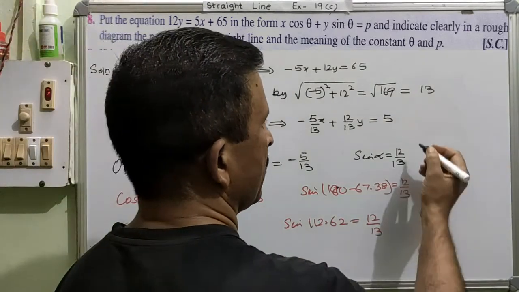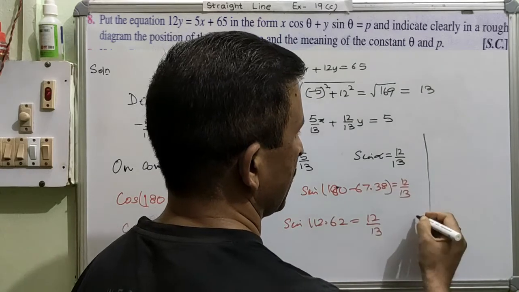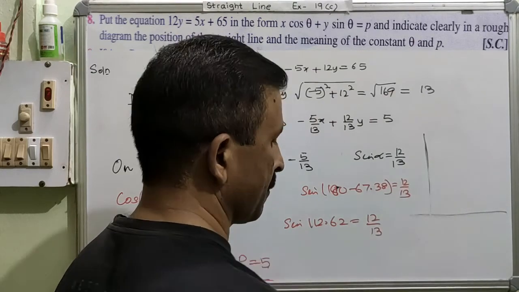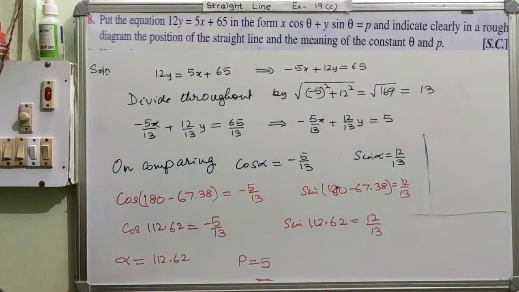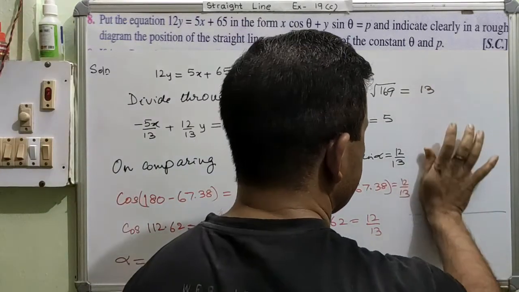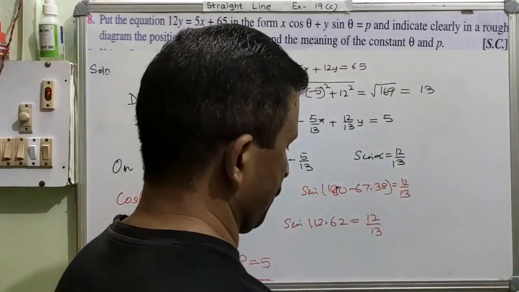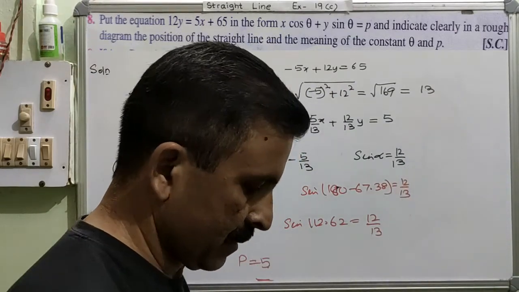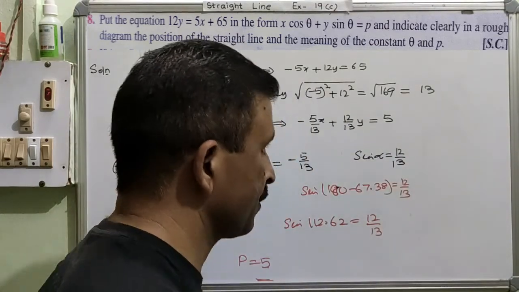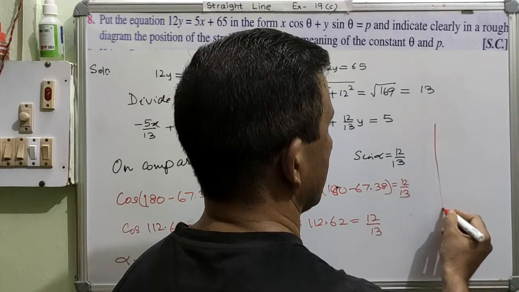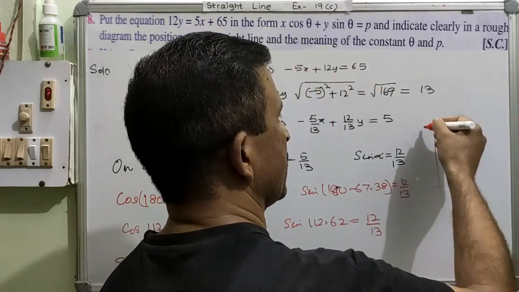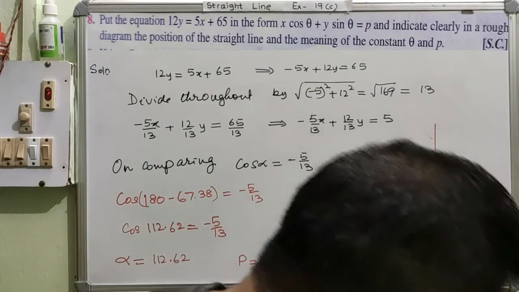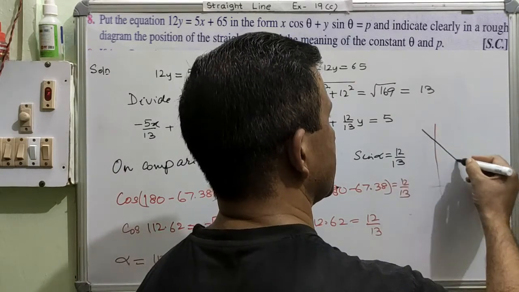The diagram we can draw is, this is the coordinate axes, and in this coordinate system this is your line.